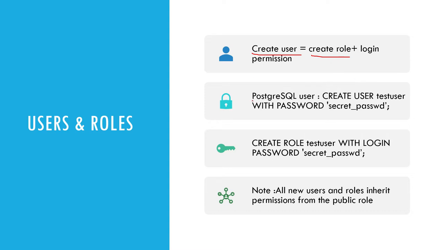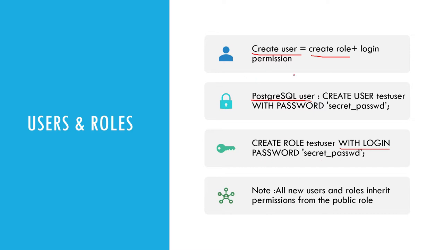So if I write a SQL statement to create the PostgreSQL user, I'll just say create user, username, with password, and I'll give the password. If I have to create the same user with the create role SQL statement, I'll say create role, role name, and the only additional thing which I have to add is with login, and then we need to give the password, and that's it.